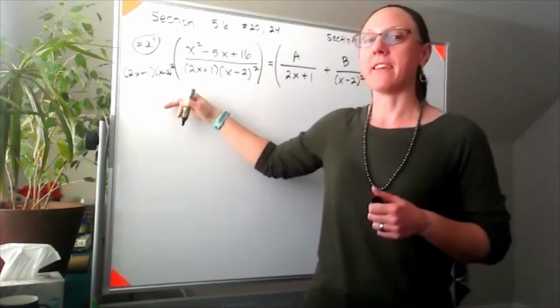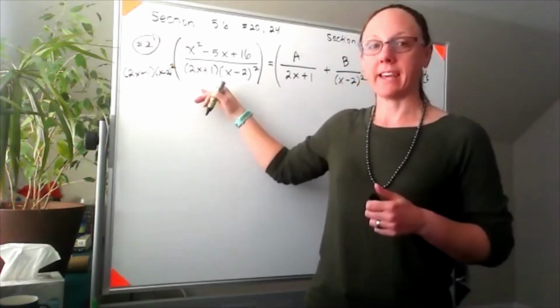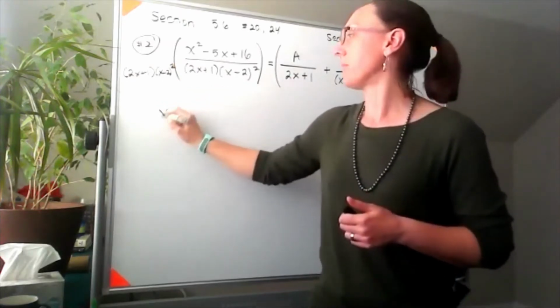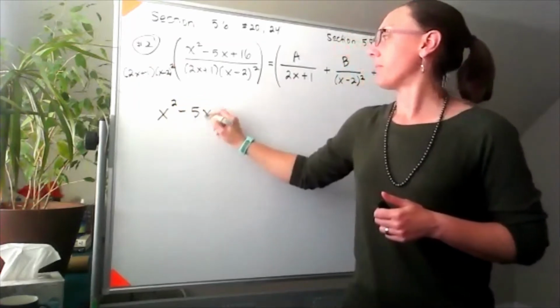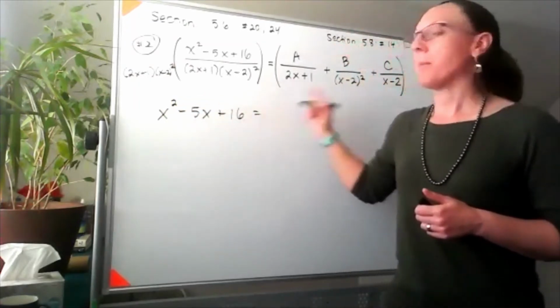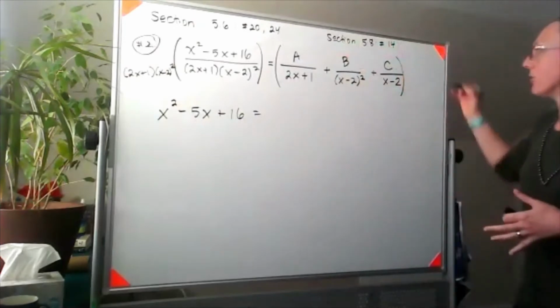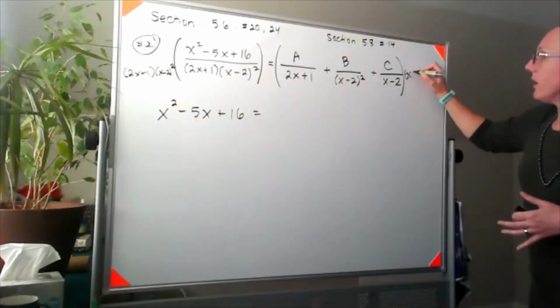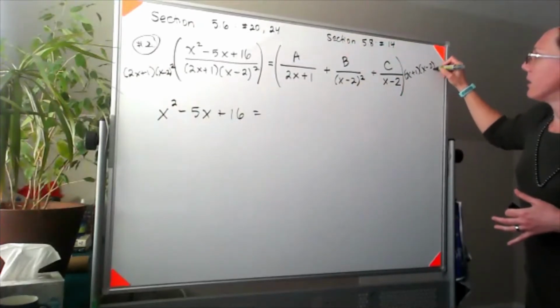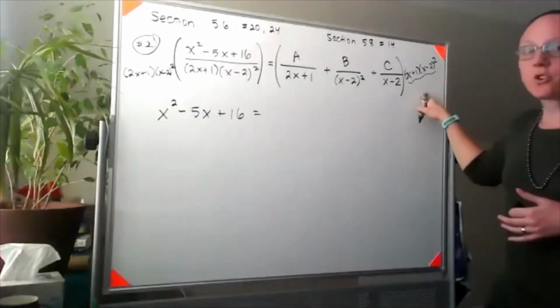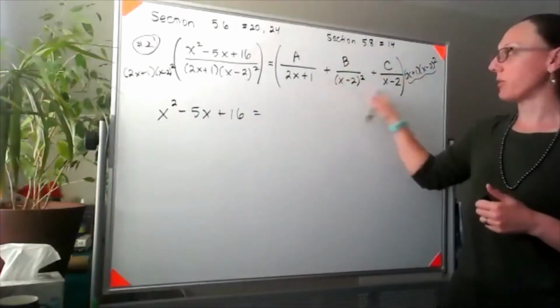On the left-hand side, that's pretty straightforward. It's going to cancel out my denominator. But on the right-hand side, we want to be careful. We're distributing that whole piece into all 3 terms.